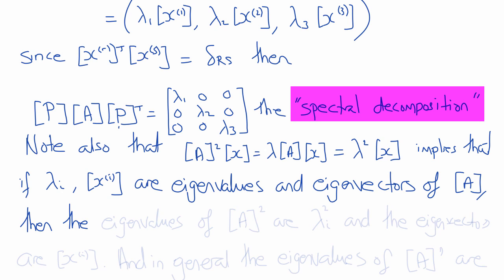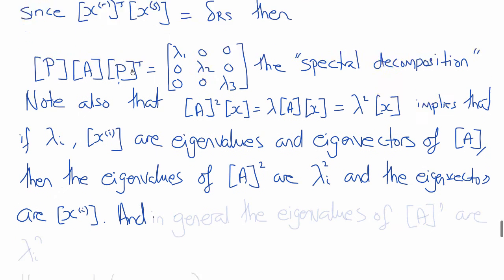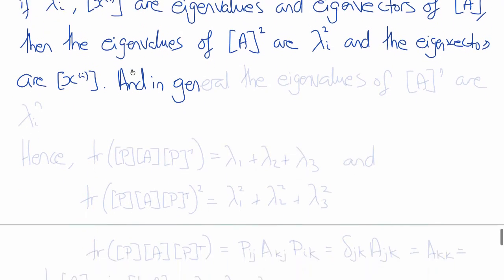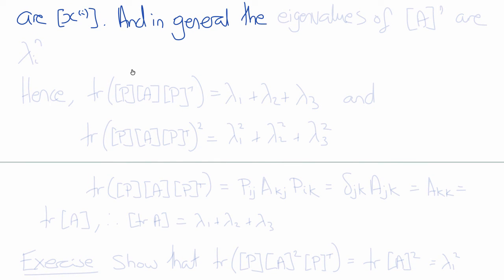So in other words, if lambda i are the eigenvalues of A, then the eigenvalues of A squared are lambda i squared. If xi are the eigenvectors of A, then xi will also be the eigenvectors of A squared. And in fact, we can show this for A to the n. If the eigenvalues of A are lambda i, then the eigenvalues of A to the n are lambda i to the n. And if the eigenvectors are x, then the eigenvectors of A to the n are also x.